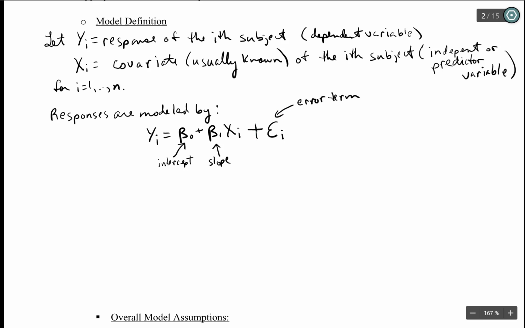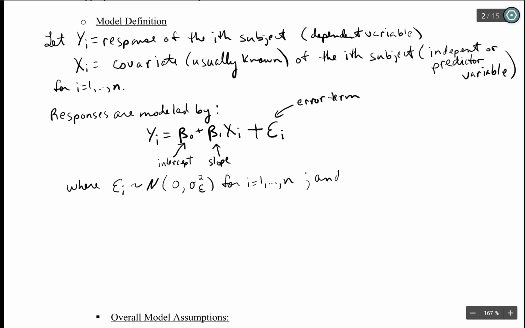Okay, a little more about the error terms. In simple linear regression, we assume that the error terms, that's epsilon i, are distributed normal with a mean 0, and the variance is sigma squared epsilon, and this is for all i going from 1 to n.